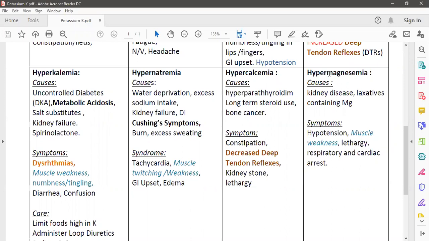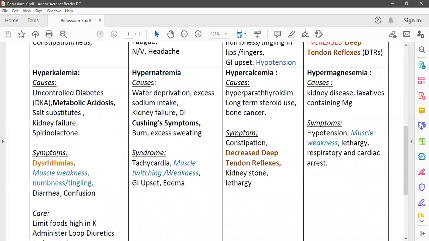Next, what are the signs and symptoms if my patient has hypermagnesemia? The patient develops hypotension, muscle weakness like hyperkalemia, lethargy, respiratory or cardiac arrest, and the patient can die because of cardiac arrest and respiratory arrest.